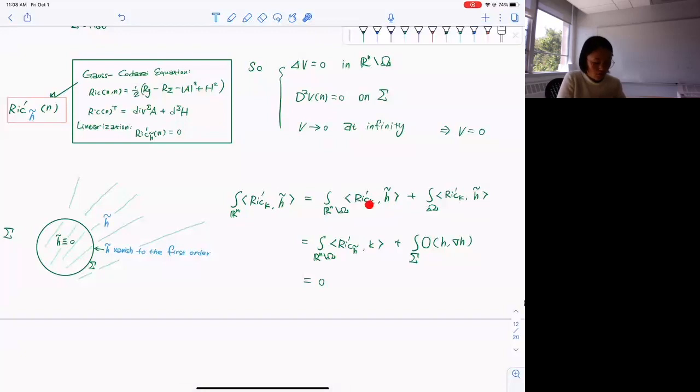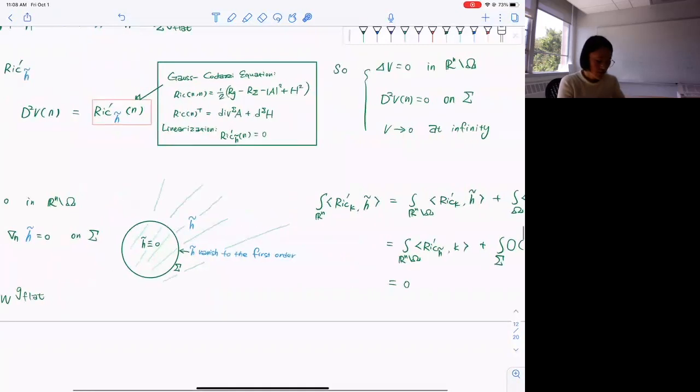So we can move this Ricci prime operator from K to H tilde, and we know this is 0 in the exterior region. From integration by parts, we will have boundary terms, but the boundary term involves at most first order derivatives of H. And we know H vanishes to the first order on the boundary. So this term is also 0.